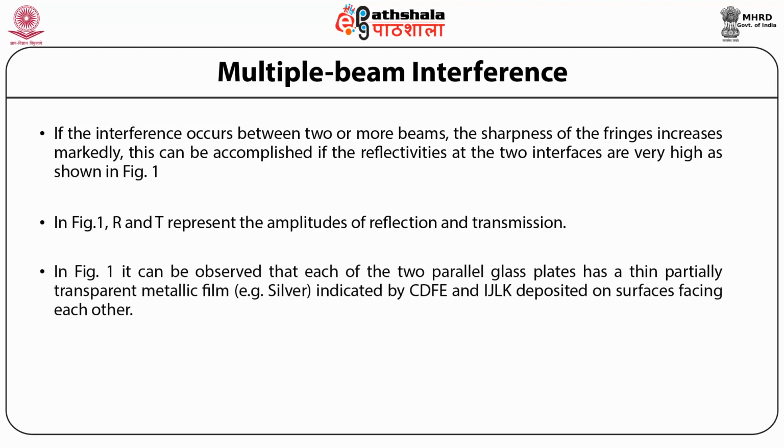It can be observed that each of the two parallel glass plates has a thin, partially transparent metallic film, which is of silver, indicated by CDFE and IJLK, deposited on surfaces facing each other.